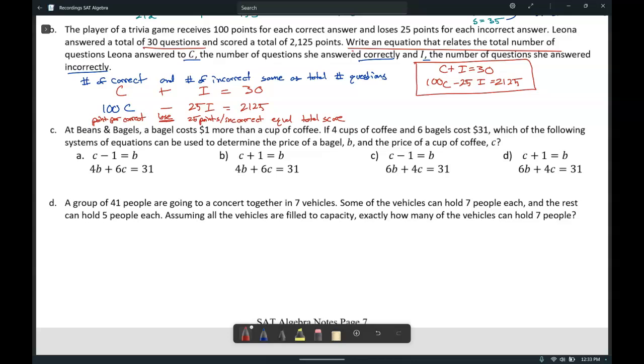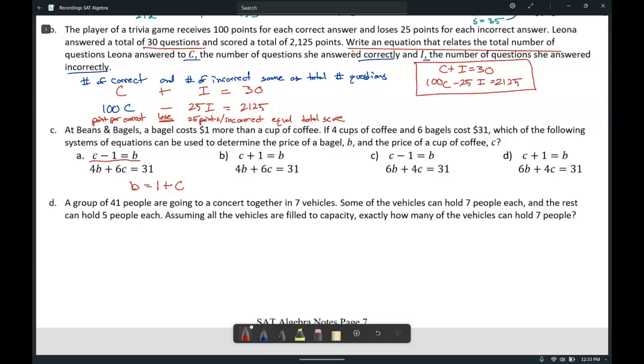So let's look at the equation that represents that a bagel is $1 more than a cup of coffee. Okay? So we want to look at our equations and see if we can find that represented anywhere. Well, this equation says that coffee minus $1 is a bagel.